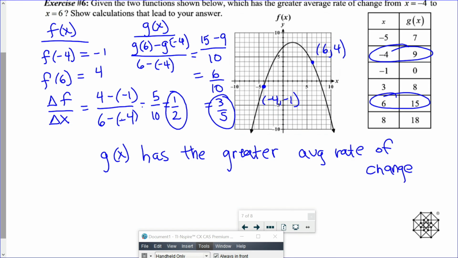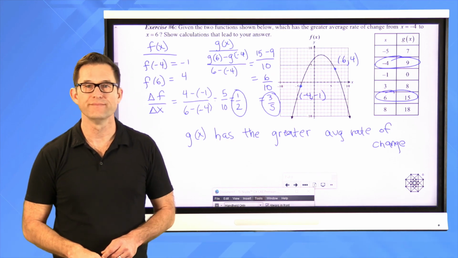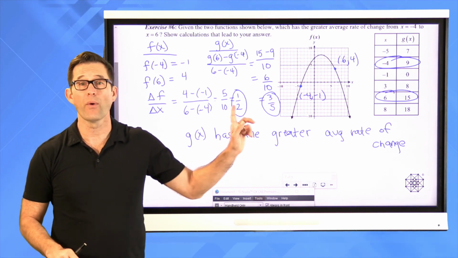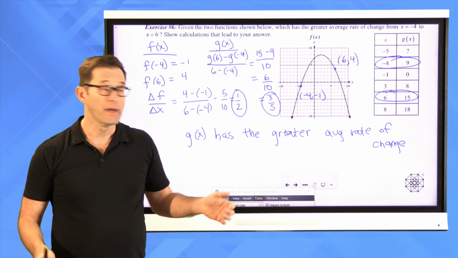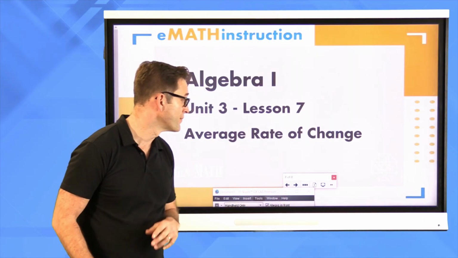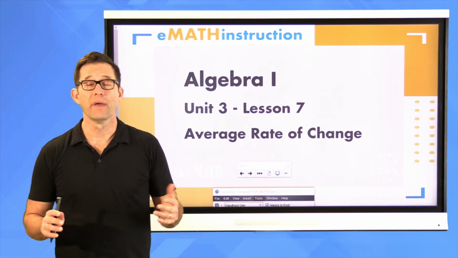Right? 3/5 is greater than 1/2, so g of x has the greater average rate of change. Not by a lot. We're talking about 0.5 versus 0.6 in terms of decimals, right? But it's definitely larger.